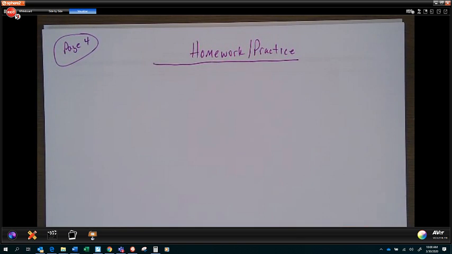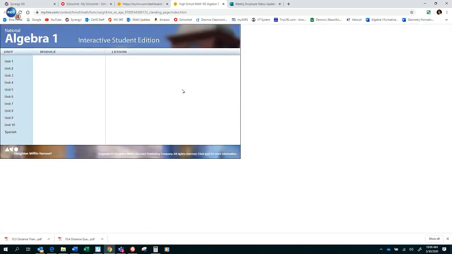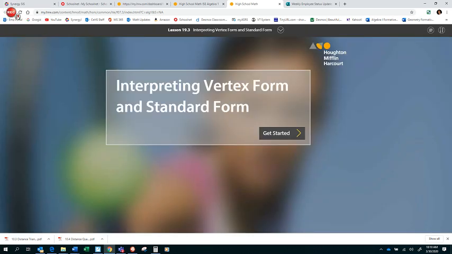And now moving on to some homework and practice. Again, you can access the interactive student edition, which will give you all sorts of different kinds of videos. Remember, we're on Unit 8, graphing quadratic functions, interpreting vertex form, and this can take you through some of the lessons and some homework.